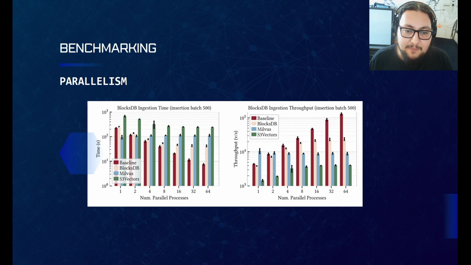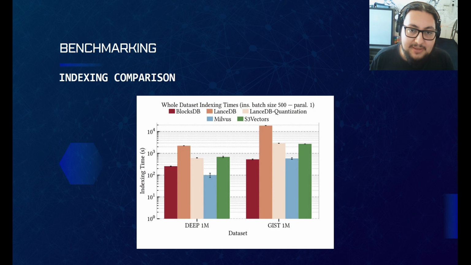Also, when comparing to other systems, such as S3 Vectors or Milvus, we can see that overall, we are competitive in the indexing times, only losing to Milvus in the Deep1M dataset, and in the GIST1M, winning above all the other comparisons.